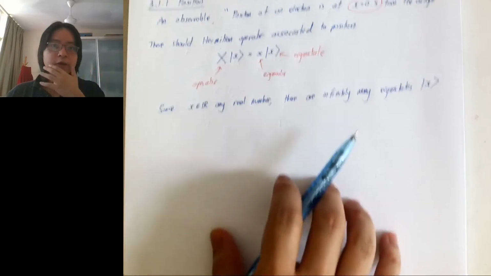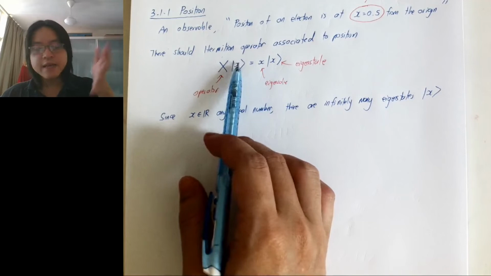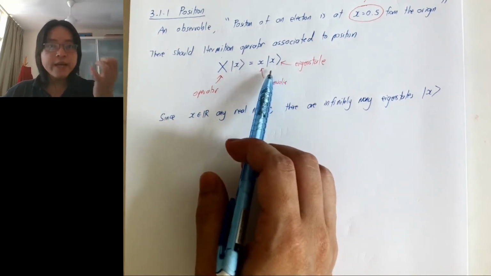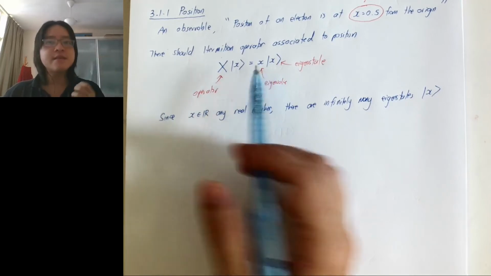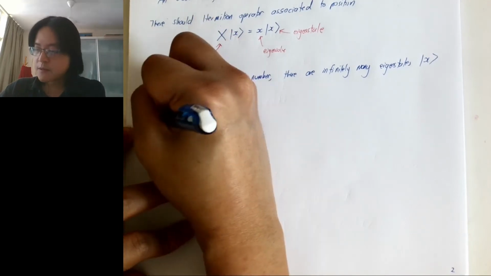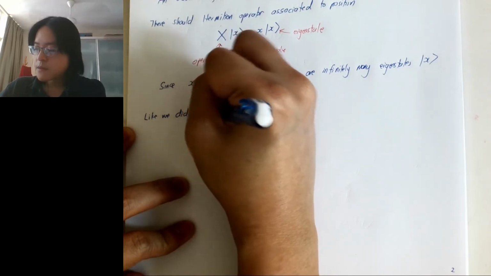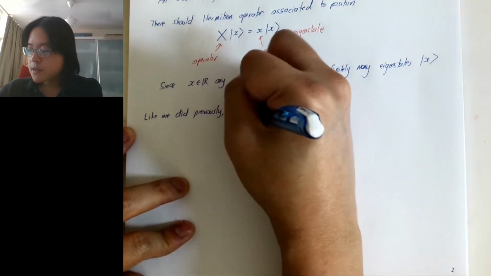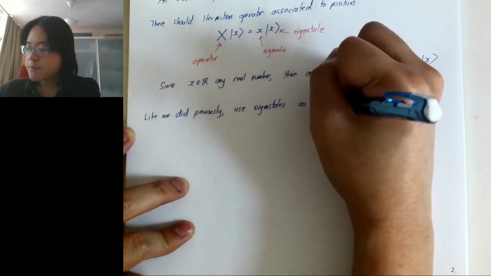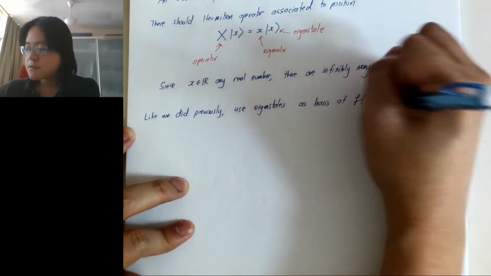Remember what we have been doing: once we got an operator, we find the eigenstates and the eigenvalues, and then we can use the eigenstates as a basis for the Hilbert space, like we did previously.